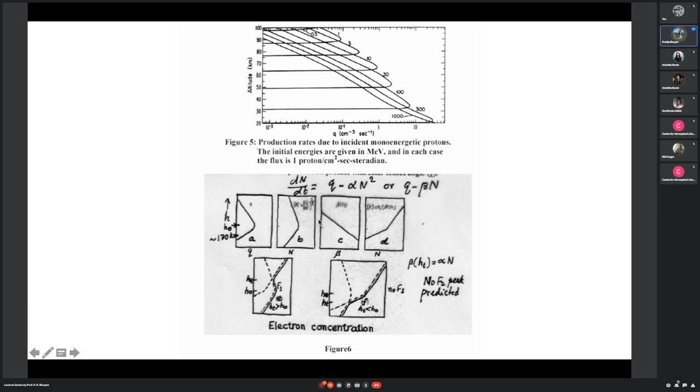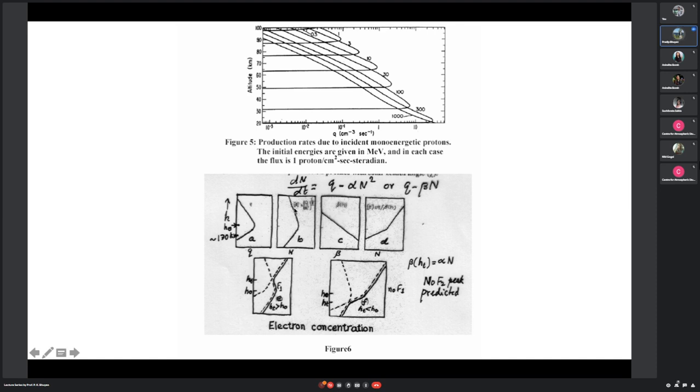Okay, so if your ratio alpha Chapman and beta Chapman is around that transition height, this H naught is this transition height, then the production function d and dt will be like this.